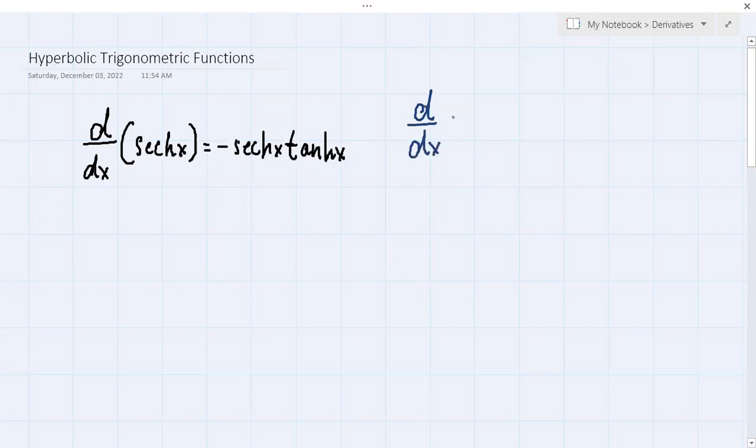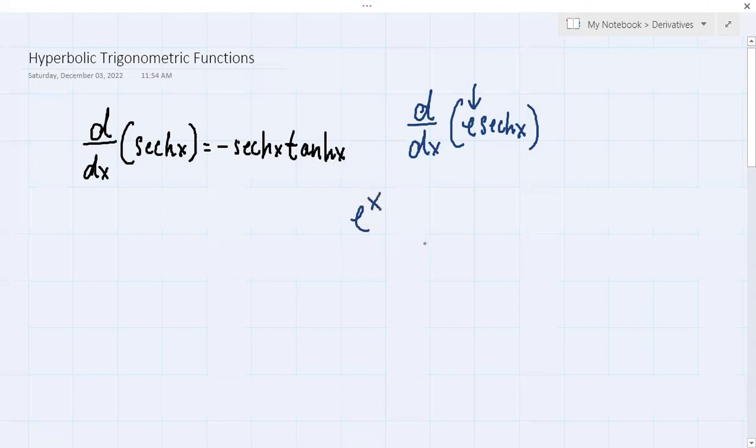So let's just say meron tayong derivative of e times secant hx. Is e a constant? The answer is oo. Constant pa rin si e. Kasi si e is Euler's number yun eh. E is an irrational number.